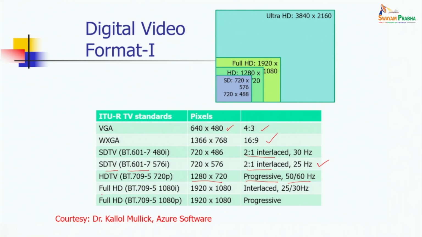Full high definition is once again an interlaced video standard, at 25 to 30 hertz. 25 and 30 hertz are two typical frame rates. As you can see, this is slower than the high definition TV here. Another full HD standard is progressive. The frame rate is not mentioned, so usually it should be in that range, 50 to 60 hertz.